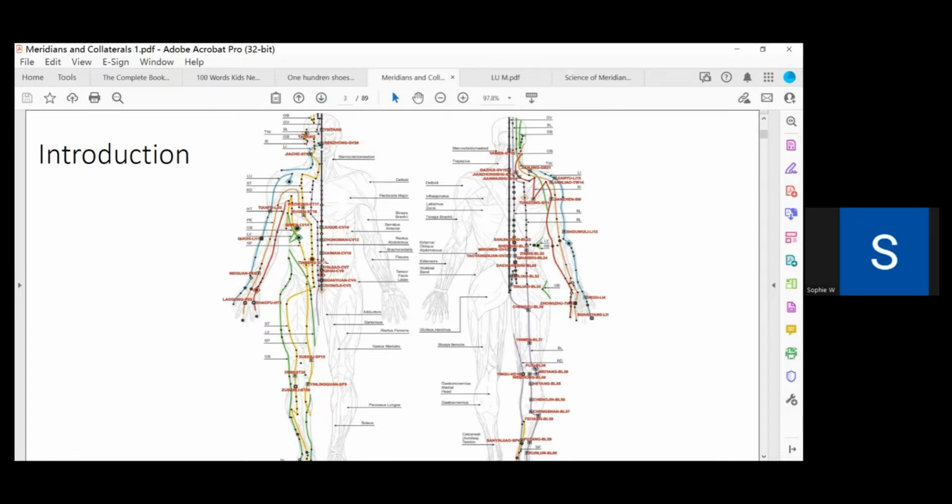And this dark one is the extraordinary meridians. Meridians are the lines in our body. The first concept we need to know is what the meridian looks like. In our body, you cannot find these lines.